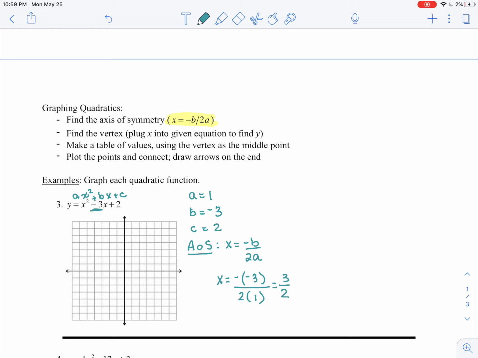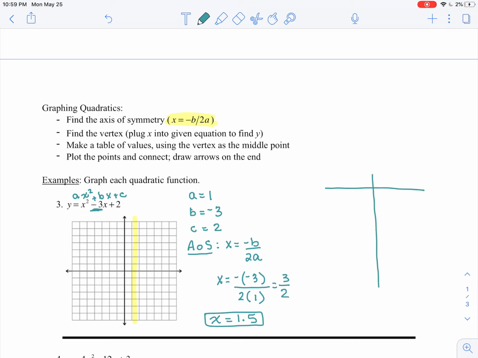The opposite of -3 is +3. 2 times 1 is just 2. And 3 over 2 is 1.5. So our axis of symmetry is at x equals 1.5. So we know the middle of our graph is going to be about here.